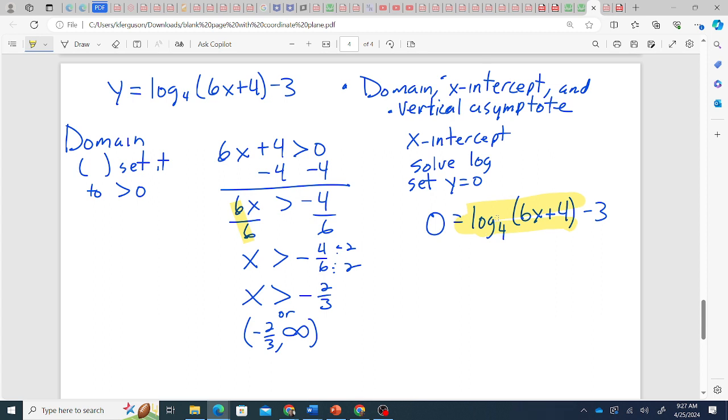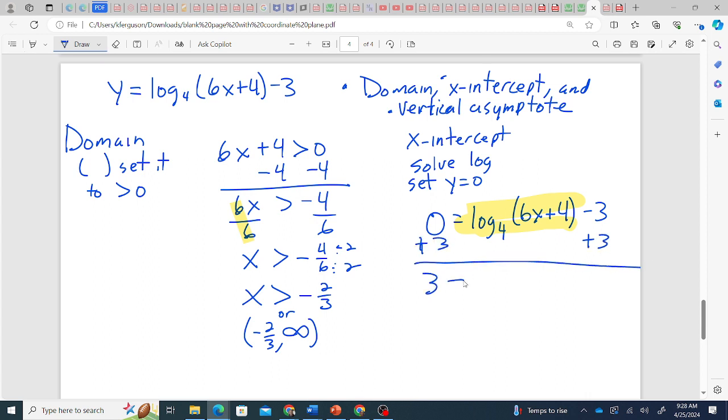I can't cancel the log until I get rid of the extra. It's the same principle to where I don't divide by 6 until I get rid of the 4. I got x being multiplied by something plus 4, so before I can attack the x and the 6, I got to get rid of this 4. So here, first thing I need to do is get rid of that 3. What do I do? Add 3 to both sides.